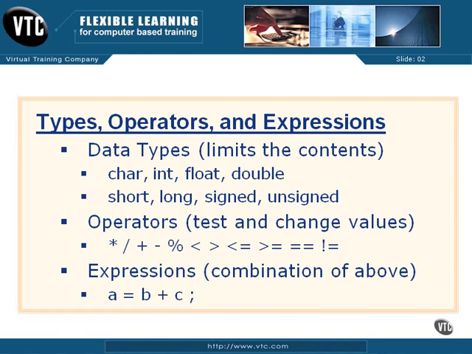Operators are used to test and change the values of variables. We have multiplication, division, addition, subtraction. Across here are standard arithmetic operators, and then we get into comparisons: less than, greater than, less than or equal, these two together make that up. Greater than or equal, this is a separate operator.